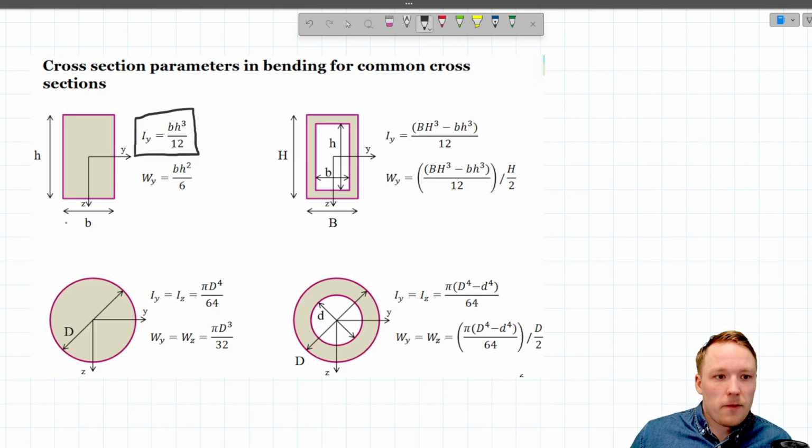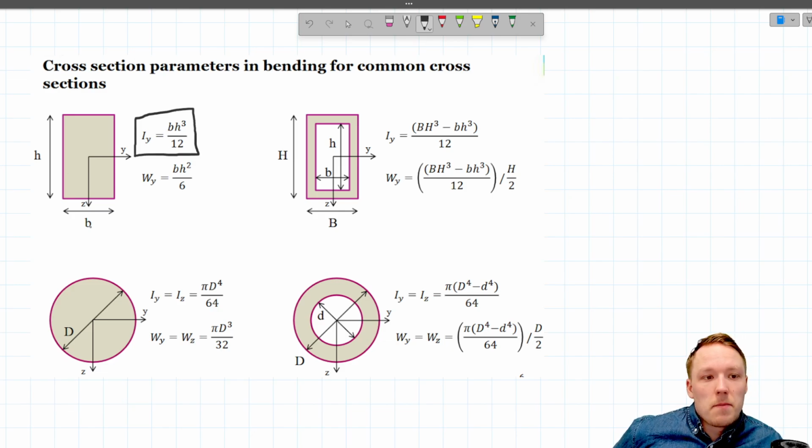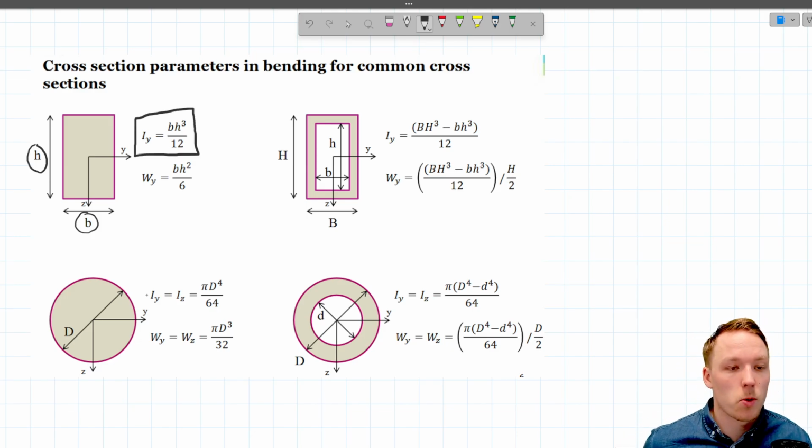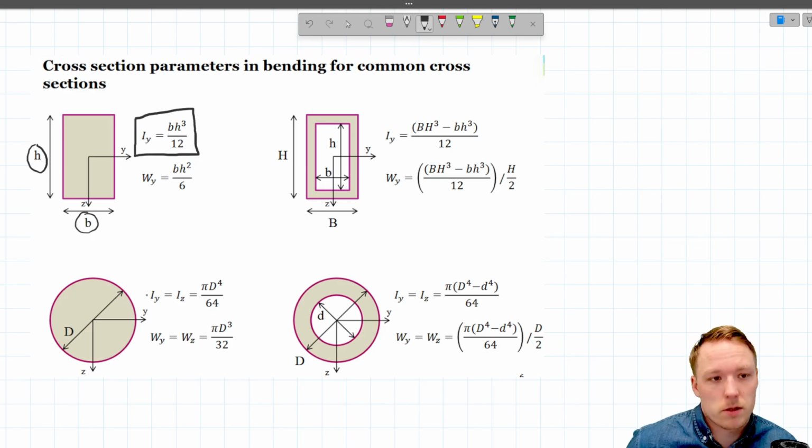For example, here, for calculating the second moment of inertia for this profile around the y-axis, the equation is b, which is the width, multiplied by h, which is the height here, to the power of 3, divided by 12.